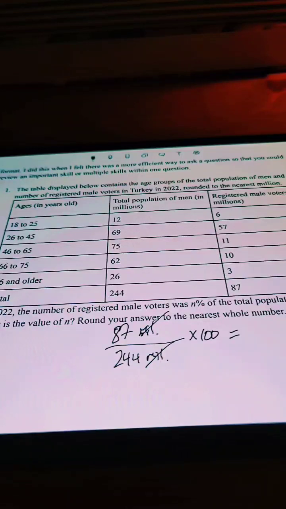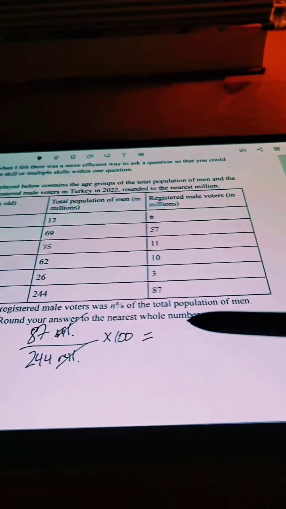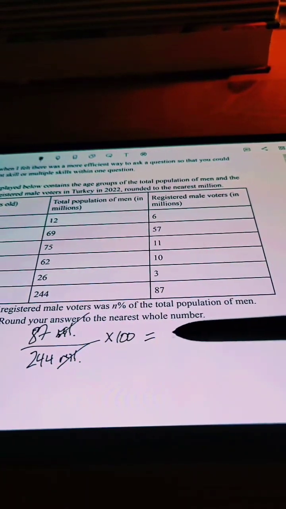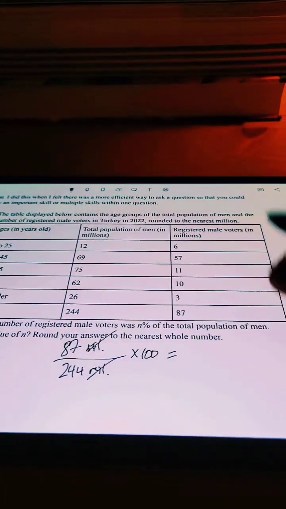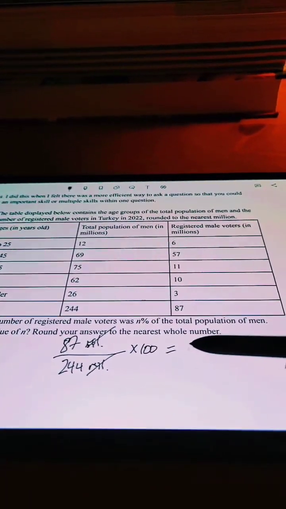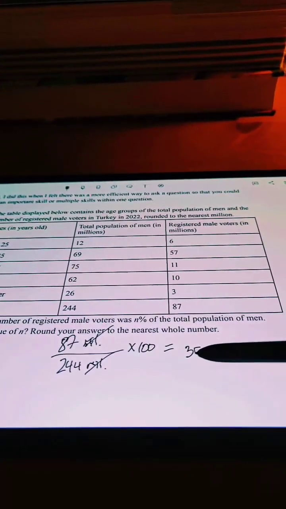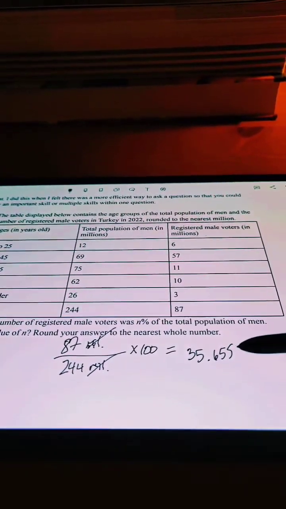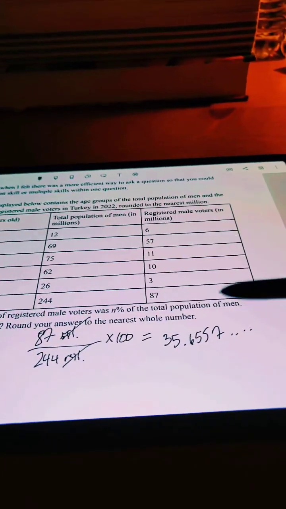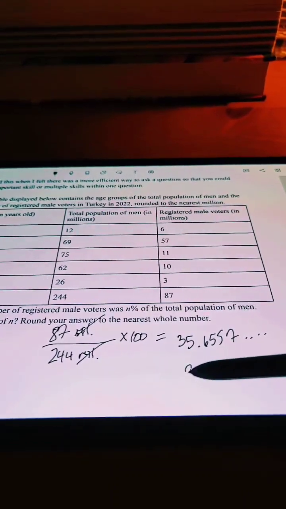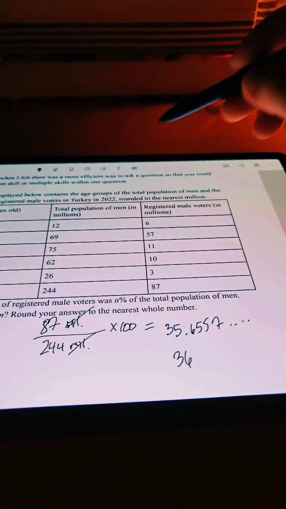On the digital SAT, you have access to Desmos the whole time, or you can bring your own calculator. It's not going to be exactly a whole number, which is why it says round to a whole number. So it's going to be 35.6557, and it keeps on going a bunch. We round it to the nearest whole number, which would be 36. So that's your answer.